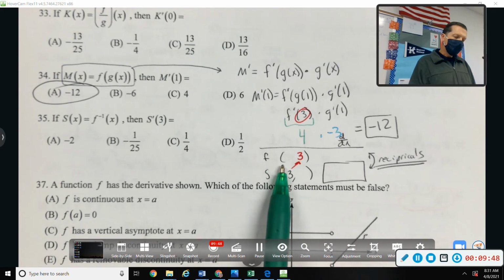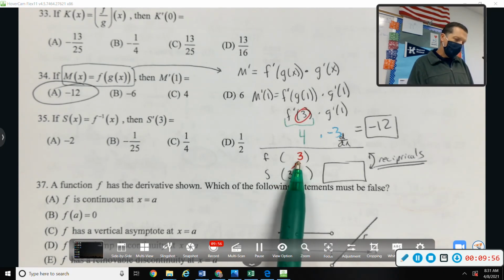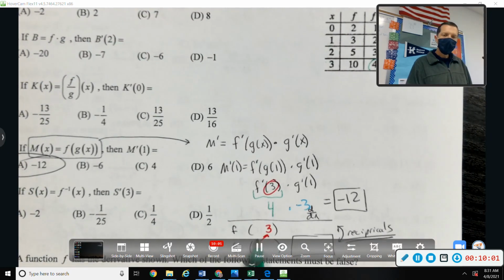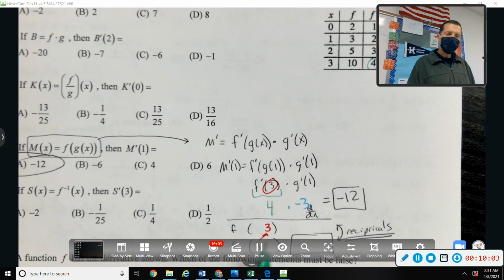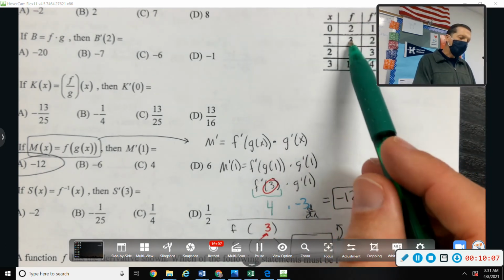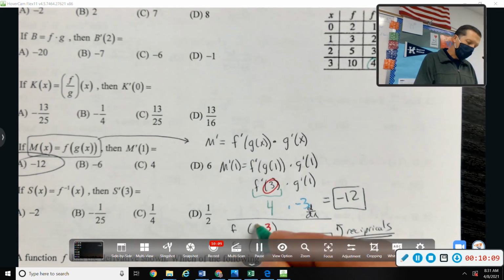So look at the table. What value of x has a y value of 3? So I'm looking in the f column. F is equal to 3, so the y value is 3 when x is 1.